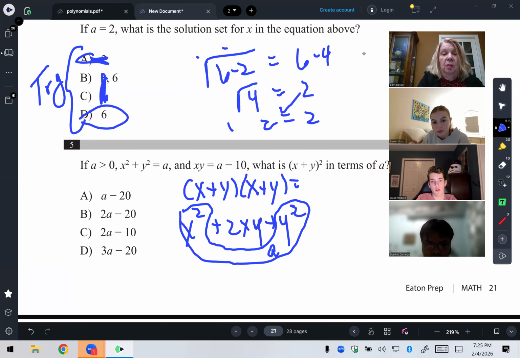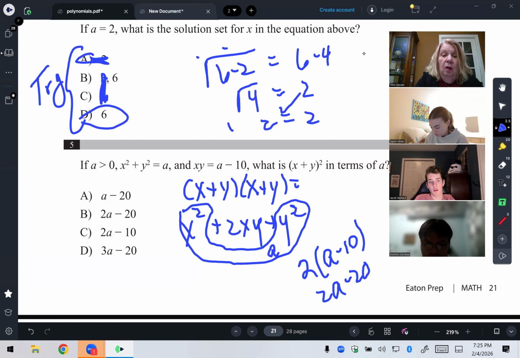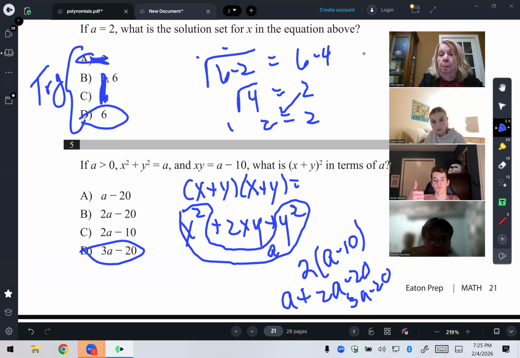So these two guys will be a. And then xy is a minus 10, so we need 2 of those. So that'll be 2a minus 20. We have the a still, so that's going to give us 3a minus 20, which is answer choice D.